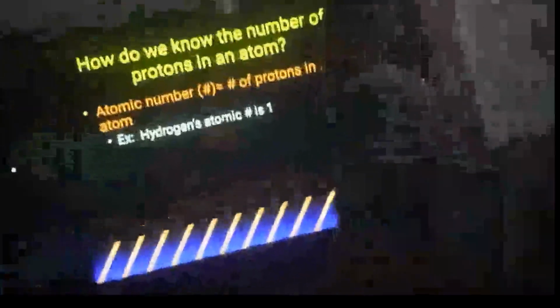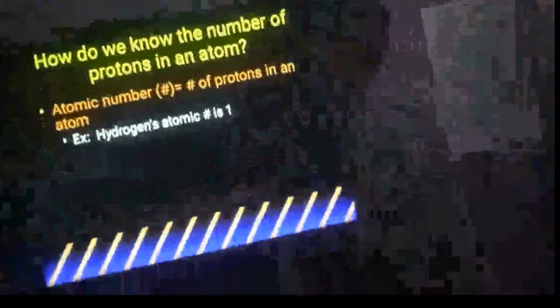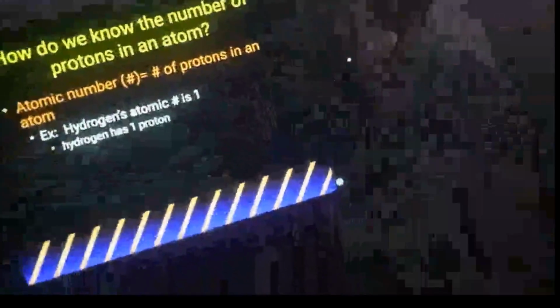Now, what is the atomic number of hydrogen? It is 1. Why? Hydrogen has only 1 proton, except for its isotopes. So the atomic number becomes 1.